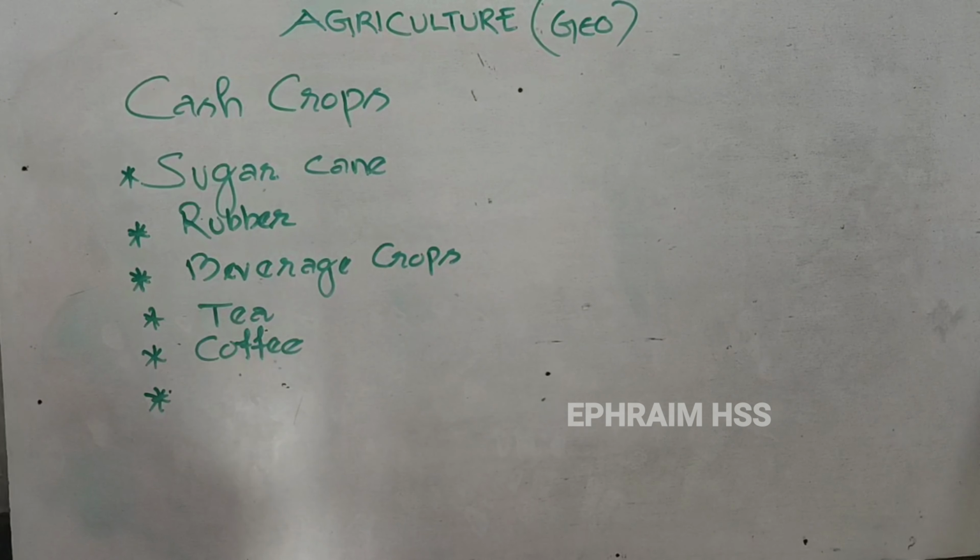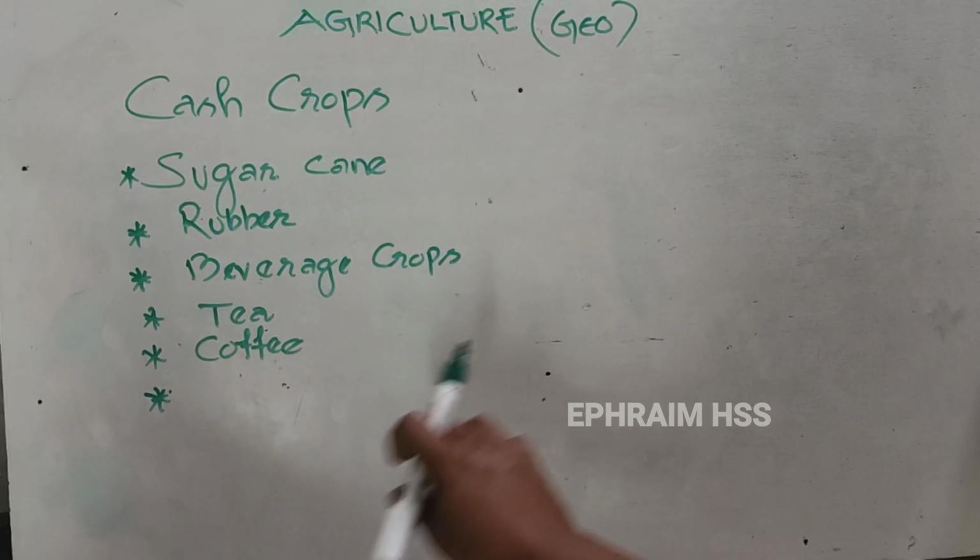Gently sloping area is most suited for the growth of rubber plant, and it is mainly grown in states like Kerala, Tamil Nadu and Karnataka.